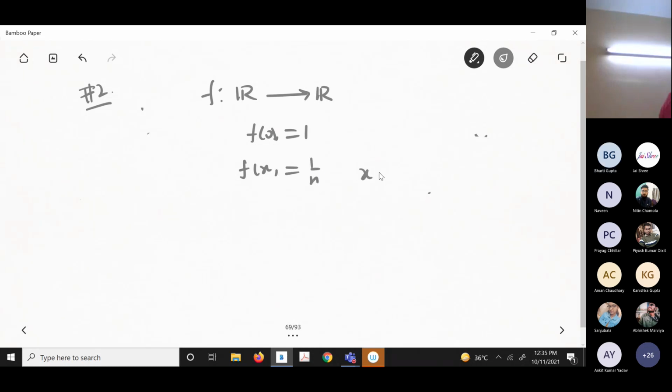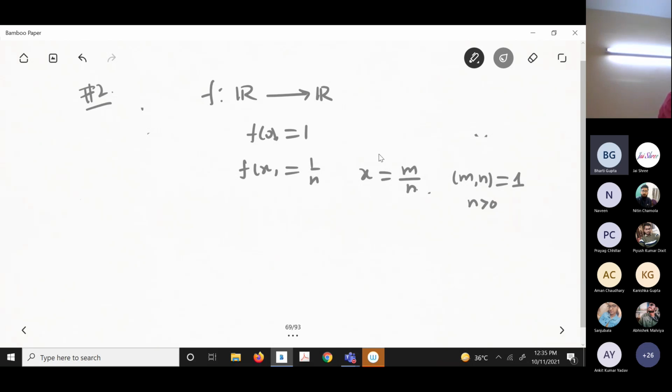Here a rational you can write this way: I can take n positive, and p and n relatively prime to each other, that means the only common factor is 1, GCD is 1, and n greater than 0. That I can always do for rational numbers.